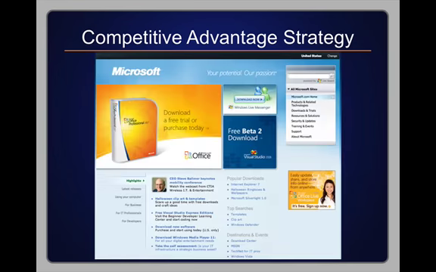Whereas if you look at the Microsoft website, it's much more subdued, and it has a whole series of news items here on the home page. They're more concerned with just hanging on to their market share and having a more conservative approach to competitive advantage online.